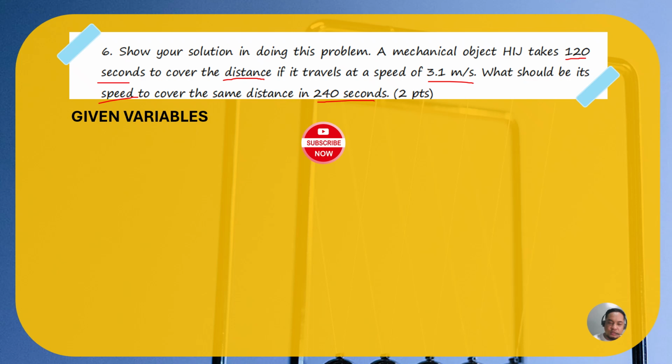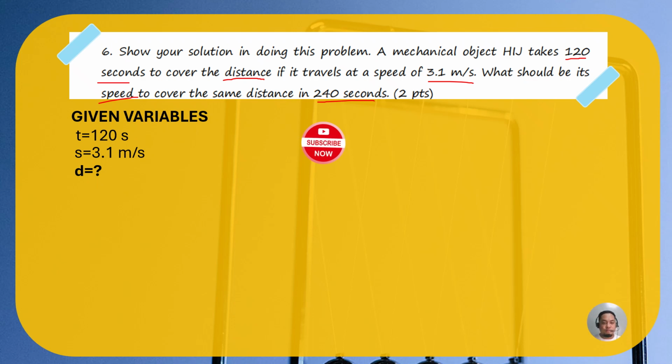So the given variables, we have 120 seconds as the time in the first situation. We have 3.1 meters per second. That's the speed, and we do not know the distance. At 120 seconds with that speed of 3.1 meters per second, what's going to be the distance?